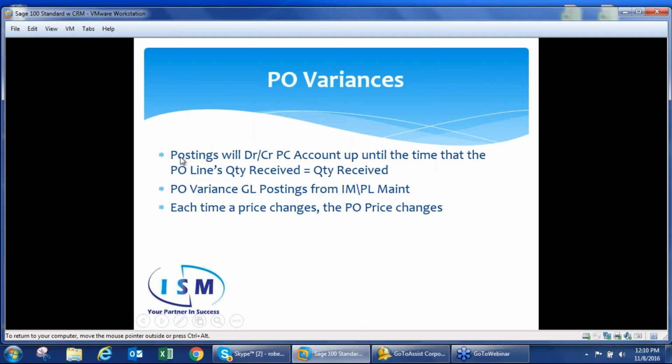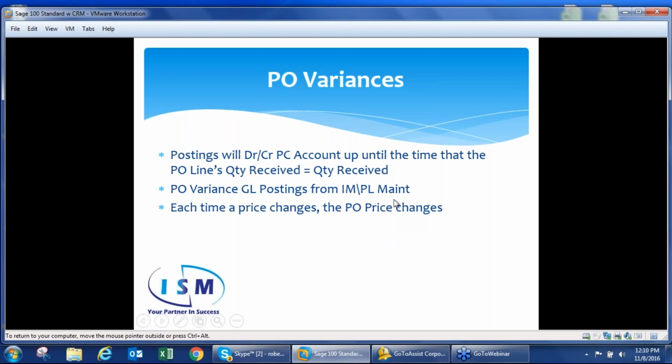PO variances. I showed you postings will debit or credit the purchase clearing account up until the time that the PO line's quantity received equals quantity invoiced. So as long as the quantity received and quantity invoiced for that PO line do not match, you will have an entry in the purchase clearing report.